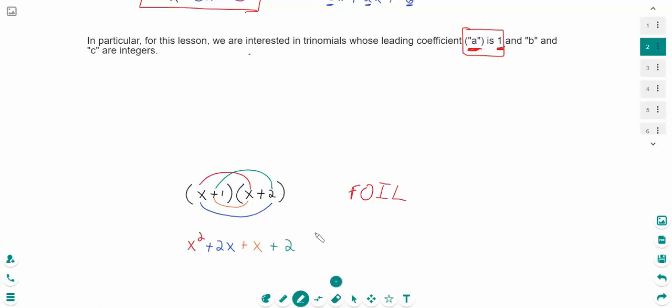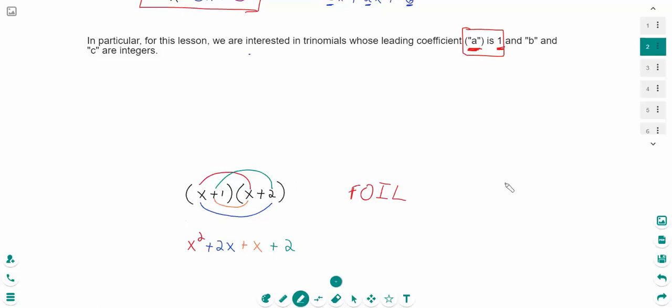And as you've probably noticed in the past, often after we do the FOIL method, particularly with the problems they've been giving us, because really the problems they've been giving us have been, without you knowing it, preparing you for today's class. A lot of the problems have been in this form.